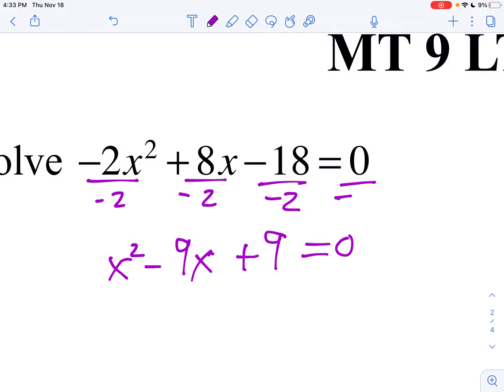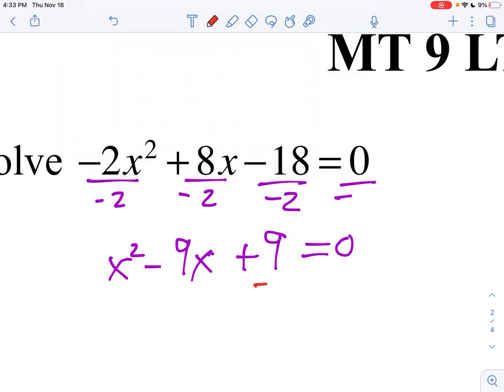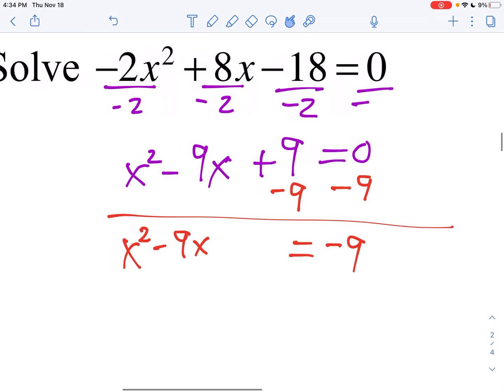First thing I want to do, I want to move 9 to the other side, so I subtract 9 from both sides. So then I'm going to get x squared minus 9x equals negative 9.